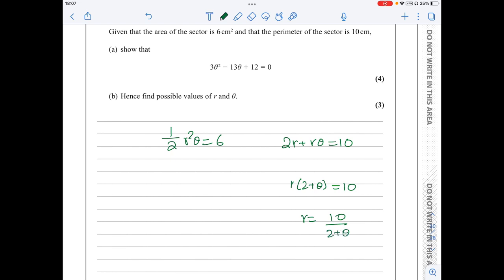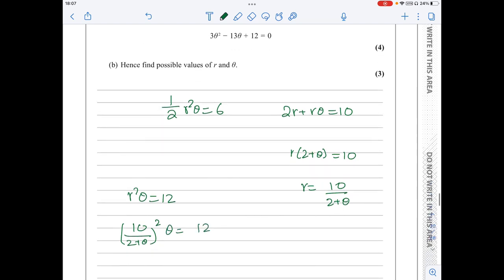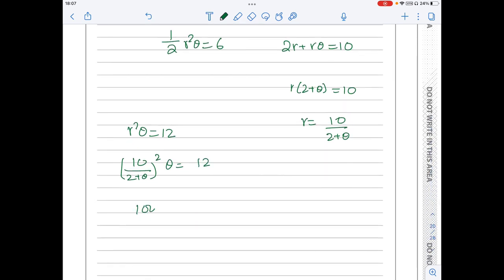So I can plug in that r value over here. r squared theta equals 12. So (10 upon 2 plus theta) whole squared times theta equals 12. So 100 theta upon (2 plus theta) whole squared equals 12. So 100 theta equals 12 times (2 squared plus 4 theta plus theta squared).